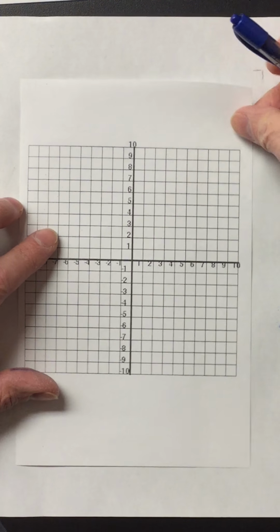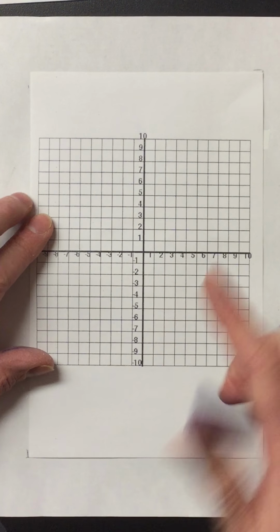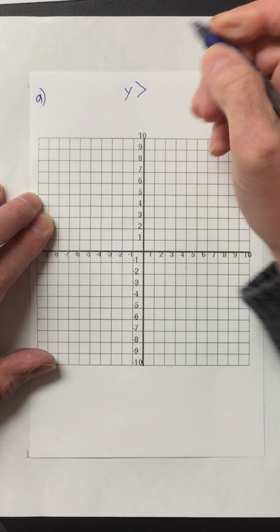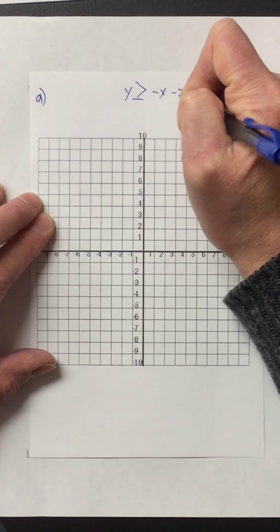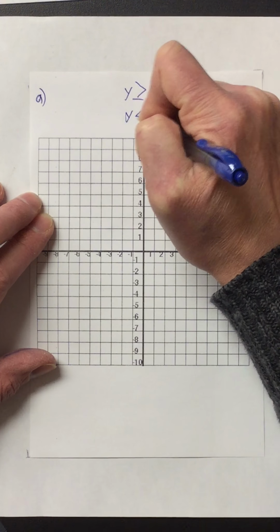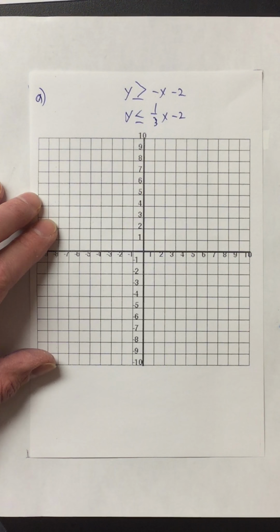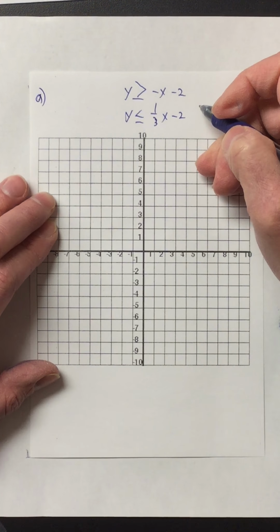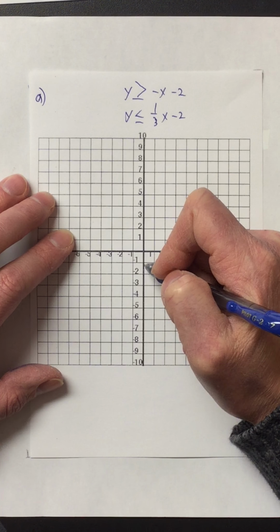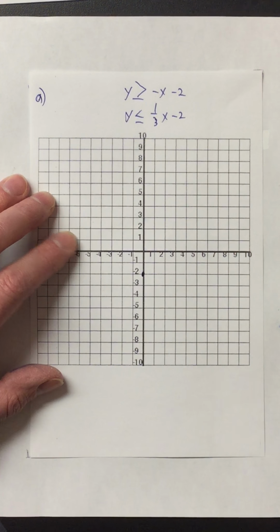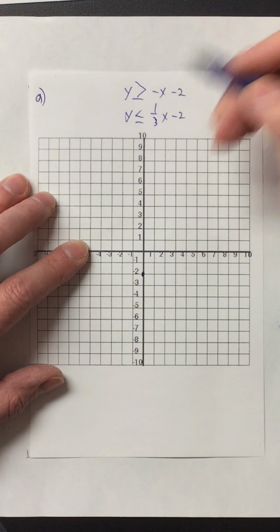Let's work through the practice problems. All right, practice problem A. y is anything greater than or equal to negative x minus 2, and y is anything less than or equal to 1/3 x minus 2. So this one looks like I have the same intercept for both of them, so we know they're going to cross because one has a negative slope and one has a positive slope.